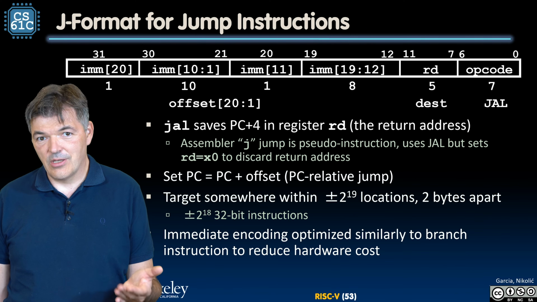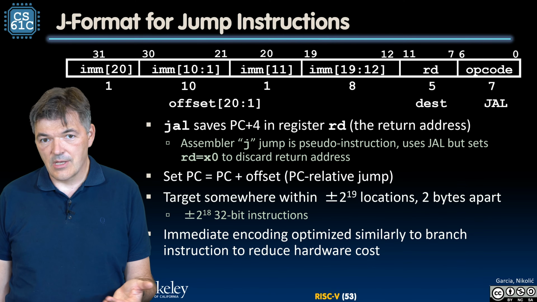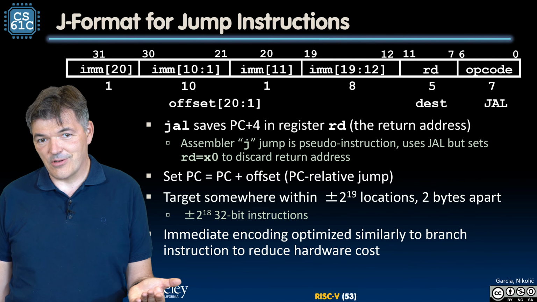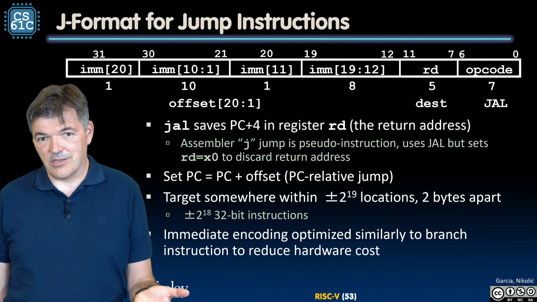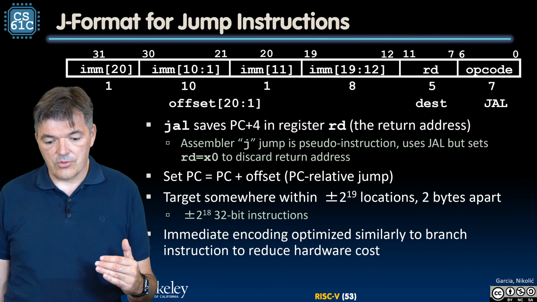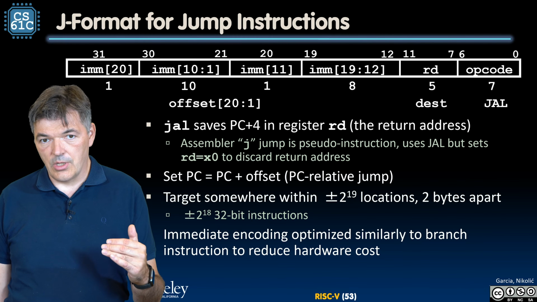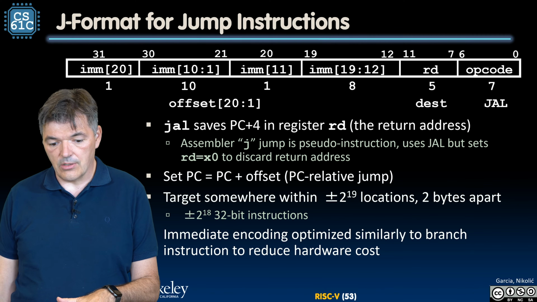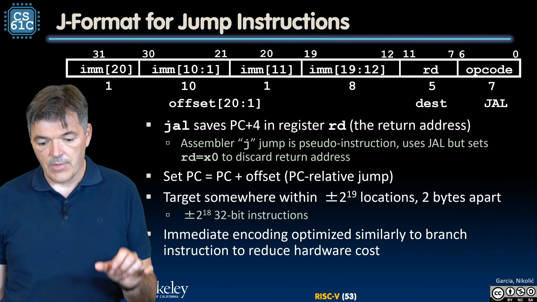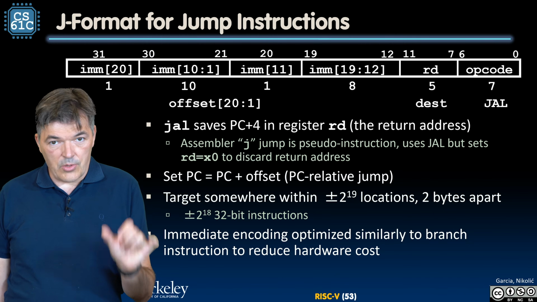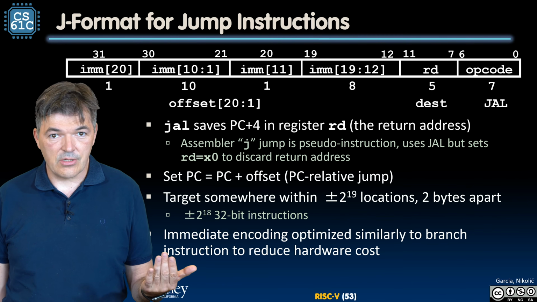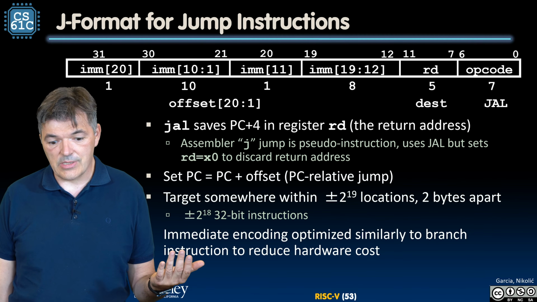There is no need to jump to odd addresses because we will not find the start of either 16 or 32-bit instruction at an odd address. So we are going to jump only to even addresses. Therefore, the least significant bit of the offset has to be 0. So we are using 20 bits to cover the range that is 21 bits wide.